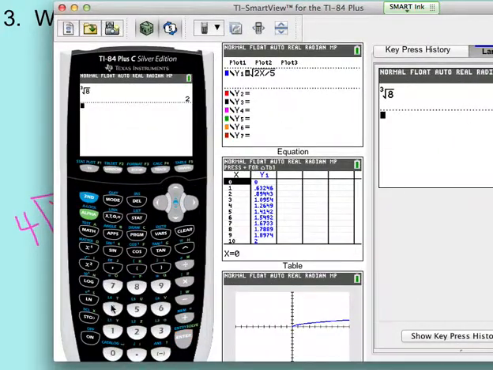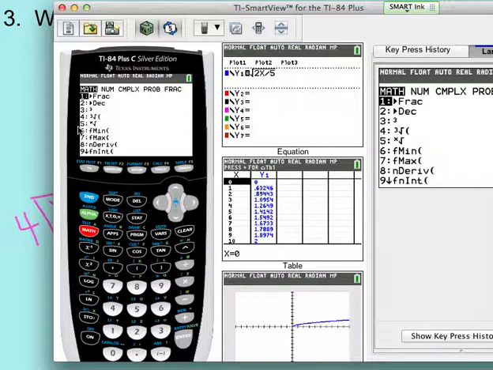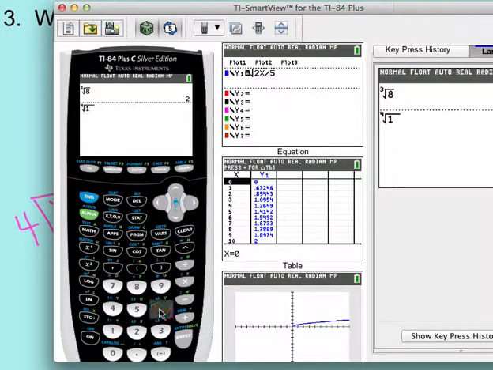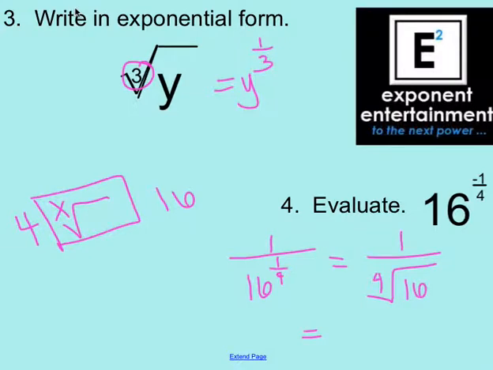So I would go to math, and if you look at number 5 here, it's the x root, so 5. And then I would type in 16. And that will give me 2, because 2 times 2 times 2 times 2 gives me 16. So it's really 1 over 2. So there's my answer for number 4.